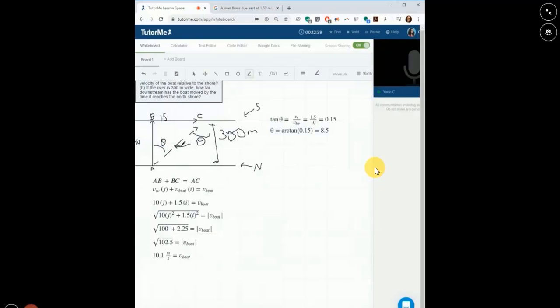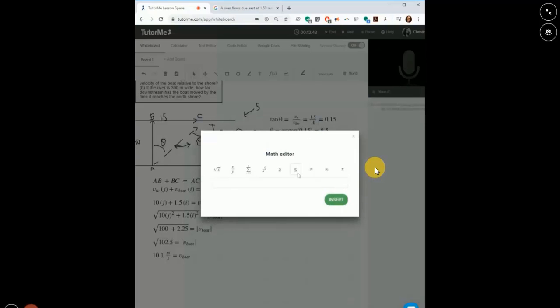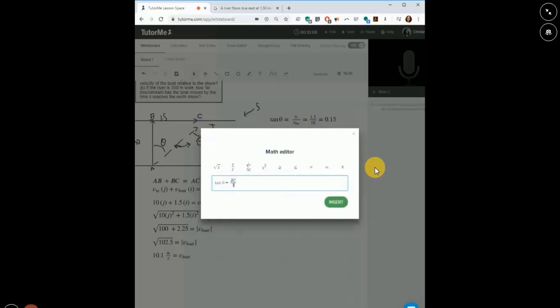So you could just do the tangent of theta equals x, which is the distance we want to find, over 300.